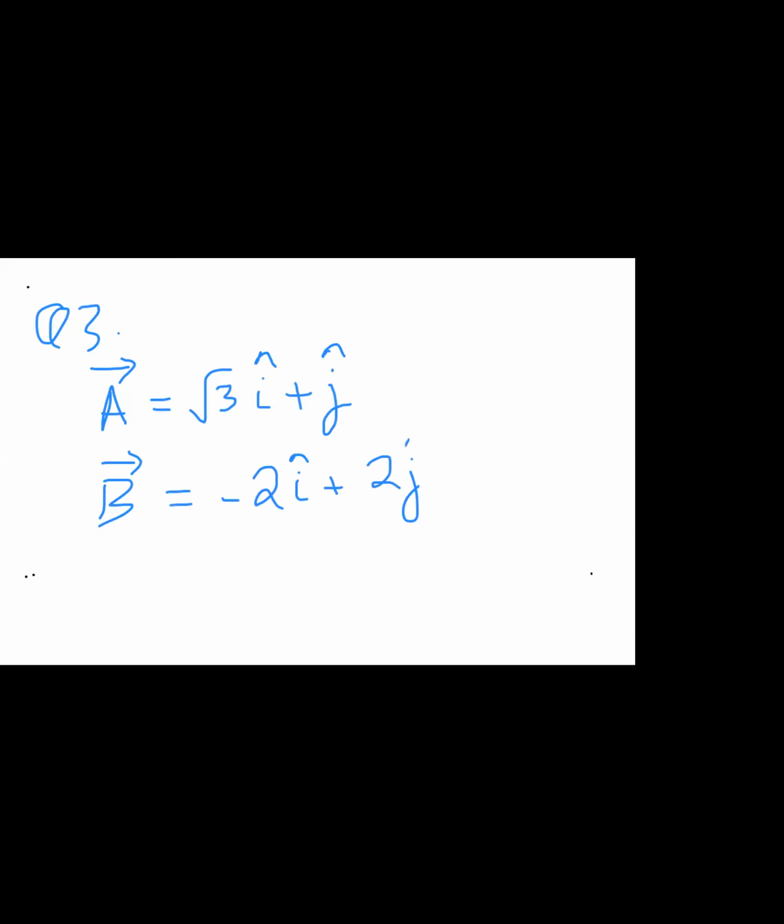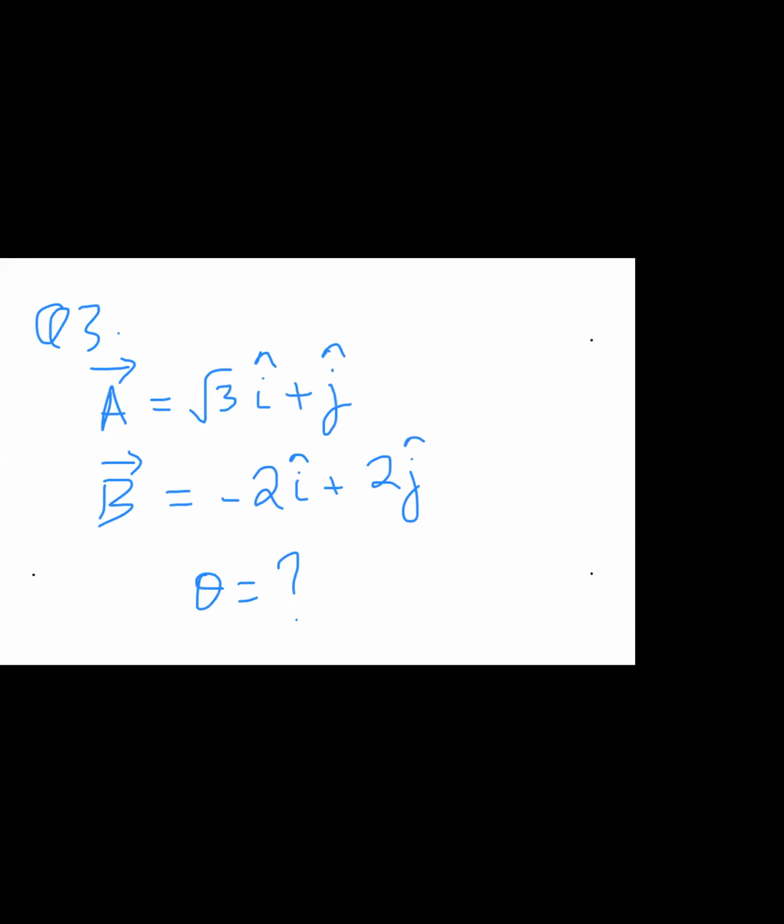It's like this: the vector A was root 3 i cap plus j cap, and the vector B is minus 2 i cap plus 2 j cap, and we wanted to find the angle theta between them.